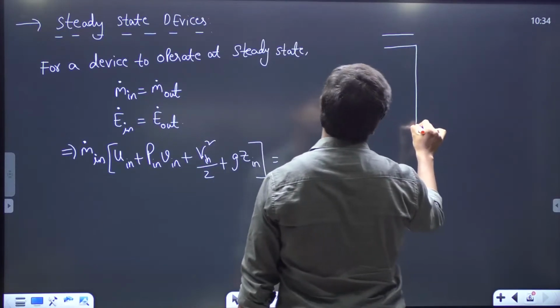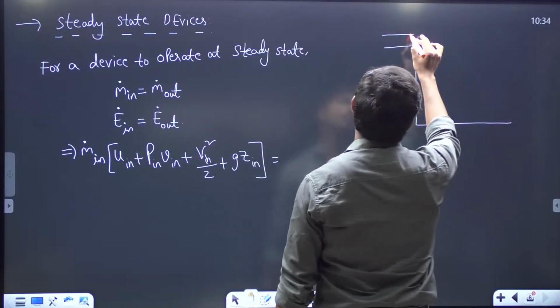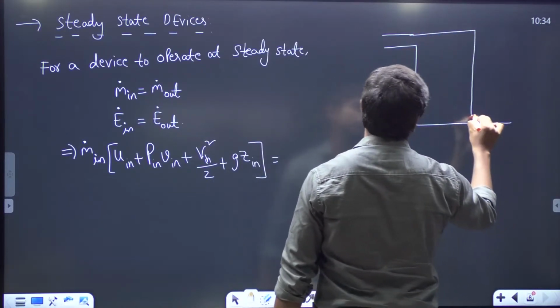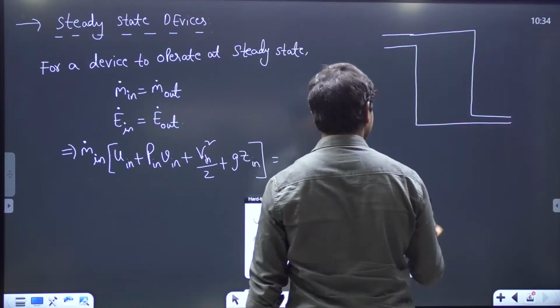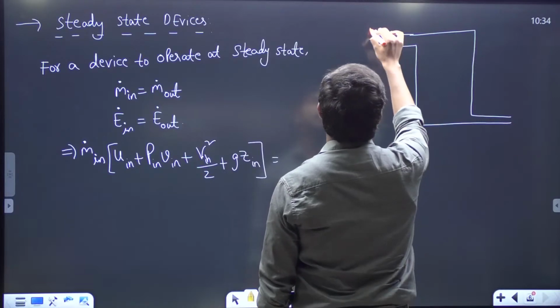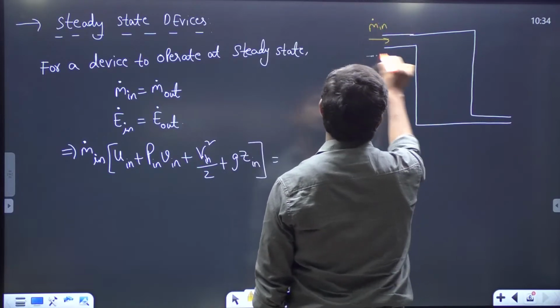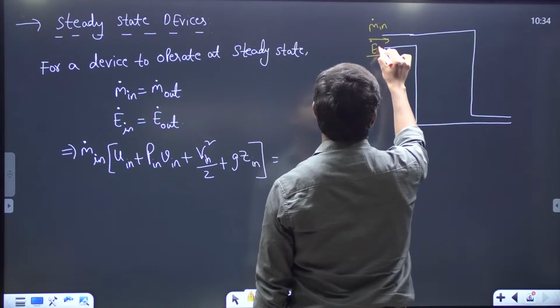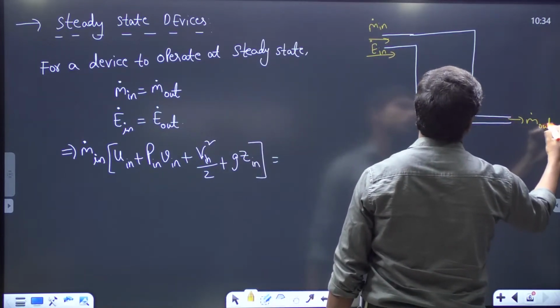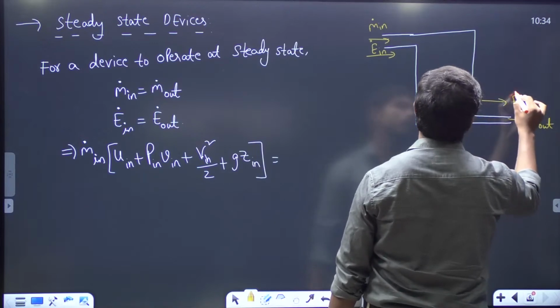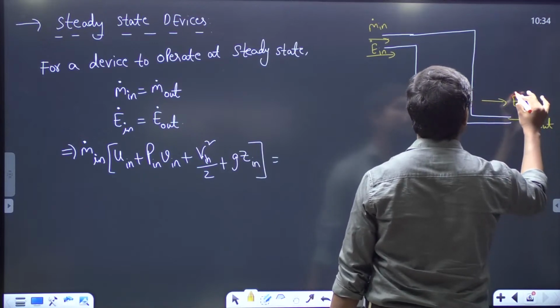Means if this is the system, then if you write different terms here, m dot in and energy dot in, and here m dot out, and let us suppose total energy that is going out of the system is E dot out in a given time.